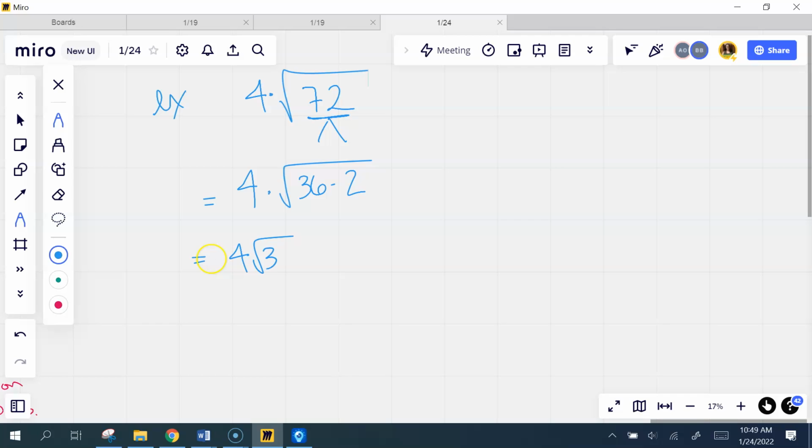Split the radical. If you don't need to include this middle step, you don't have to. You can jump straight into splitting them up if you see that. What is the square root of 36? 6. So I have 4 times 6 times the square root of 2.